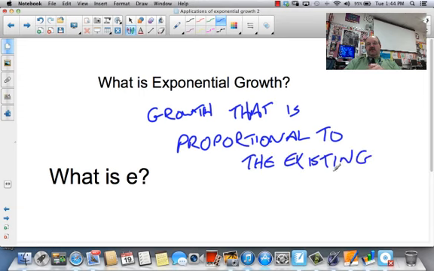So population growth is exponential growth, because it depends on how many people are in the population. That's what's going to impact the future population. Money grown in a bank grows exponentially, because depending on how much money you have in the bank, you get a certain amount back.